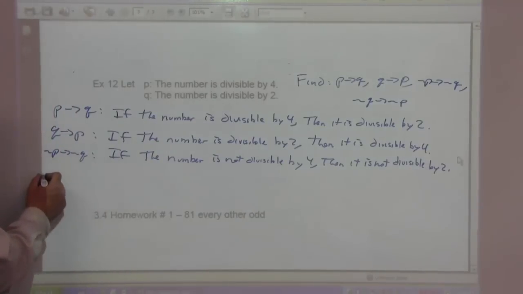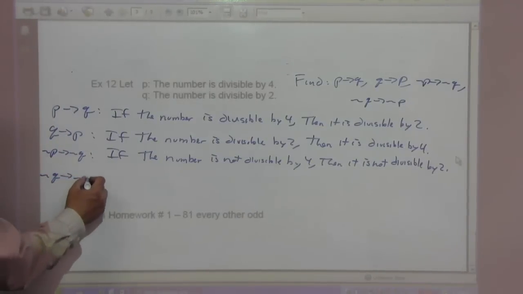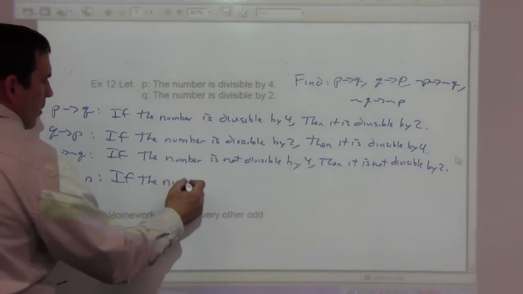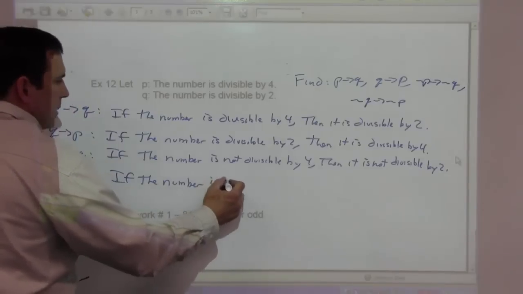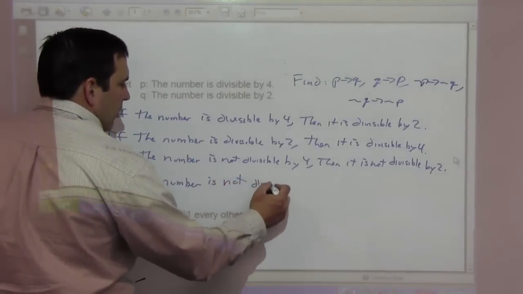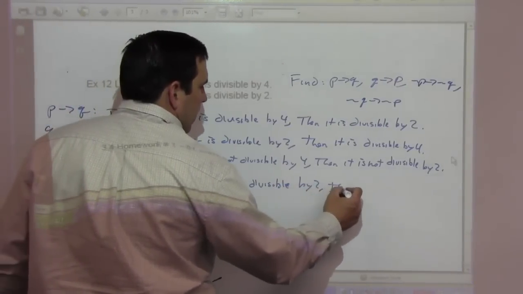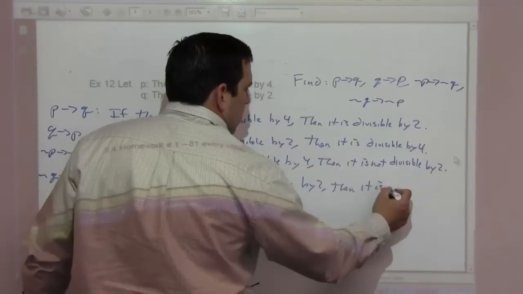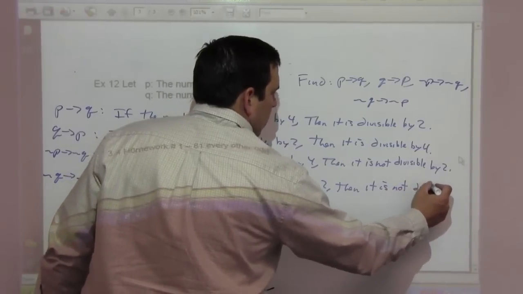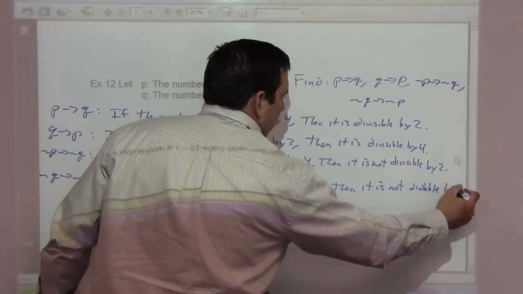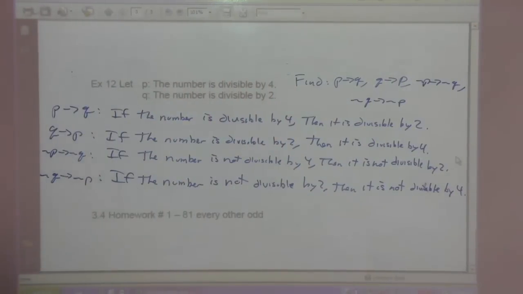And finally, if not Q, then not P: if the number is not divisible by 2, then it is not divisible by 4. The ones that are true, the first one and the last one are true. The two in the middle are false.